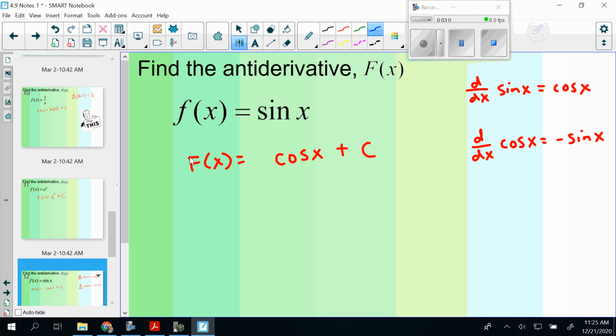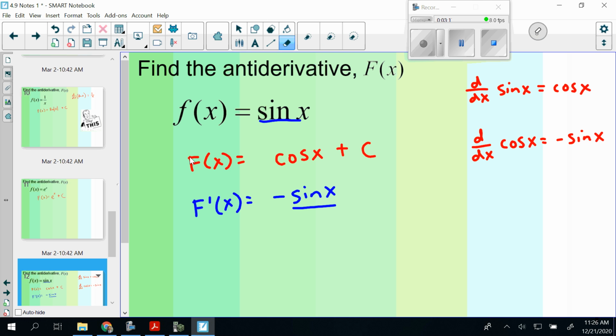Well, if you want to check it, find the derivative of this. What's the derivative of cosine x plus c? Well, the derivative of a constant is 0. The derivative of cosine, we know from over here, is going to be negative sine. Is this matching up with what we have up here? No, we don't have a negative in this problem. So what do we have to do on our antiderivative then? It would be negative cosine x plus c.